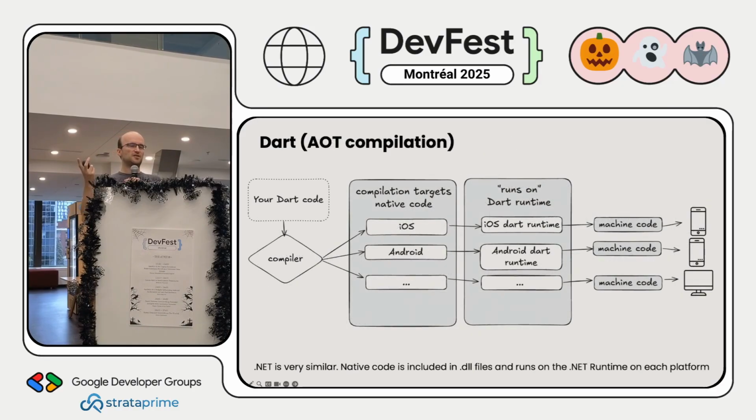Dart also has an AOT compilation mode, which will compile your code into a variation of native code that's specific to each platform. And instead of running on a Dart VM, it will run on a Dart runtime, which is a lot leaner and will only add what's necessary.